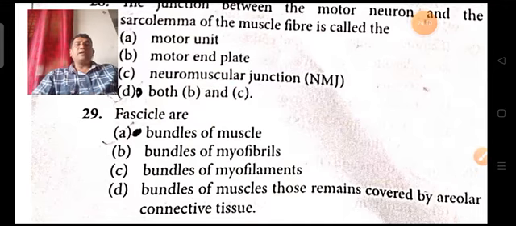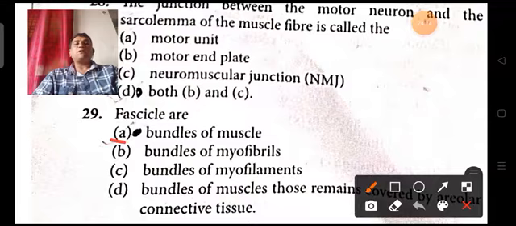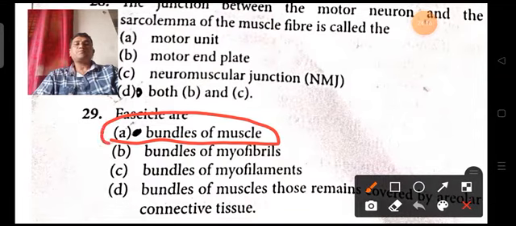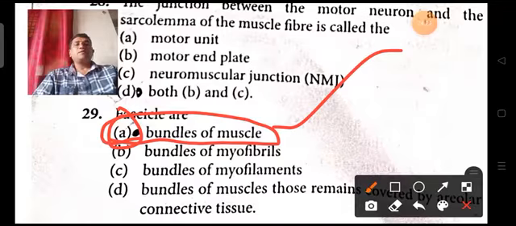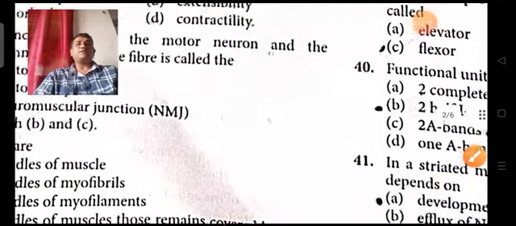Fascicle is a membrane connecting that, and fascicles are bundles of muscles. So answer A is the right answer.